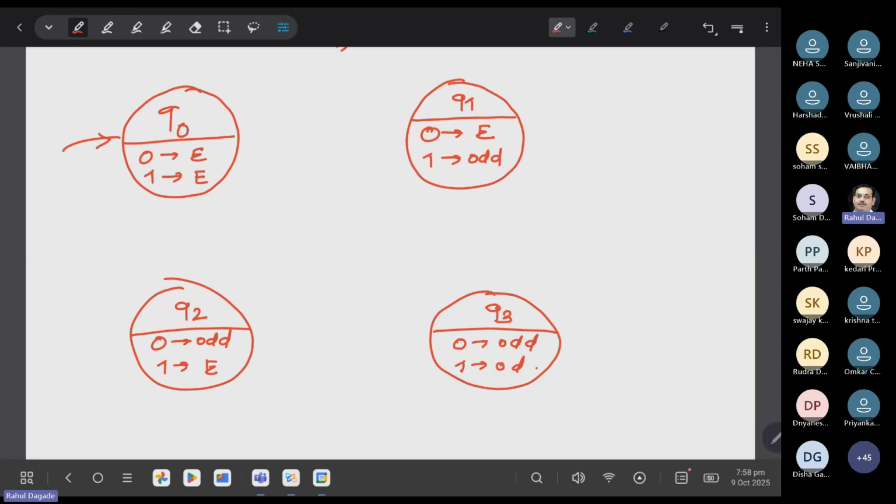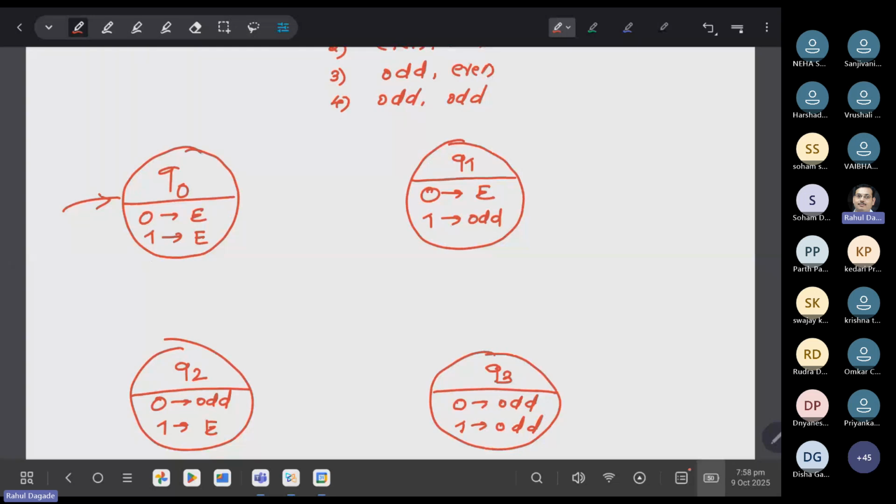So in the initial state, right now we have nothing, so null is there. Let's say now we have an input, and the input is 0. So what does it mean? It means that 0 is now odd because the number of zeros is 1, and 1 is nothing, and that is even.